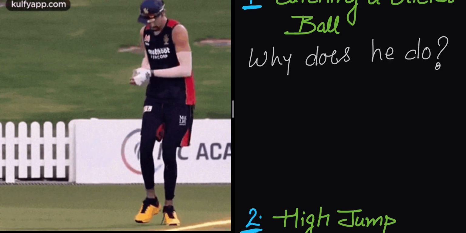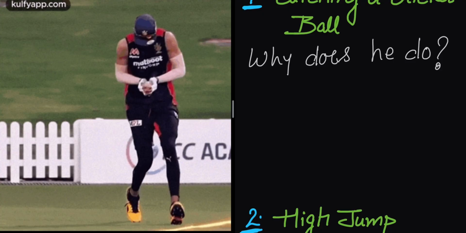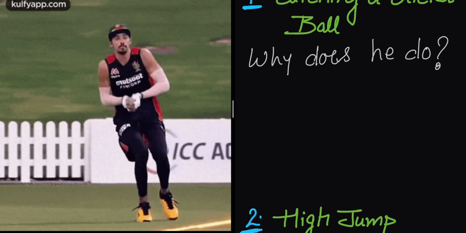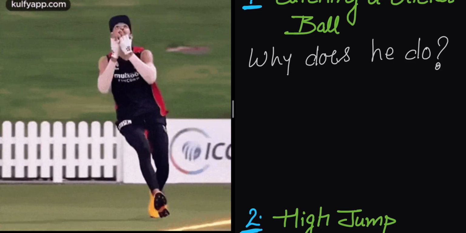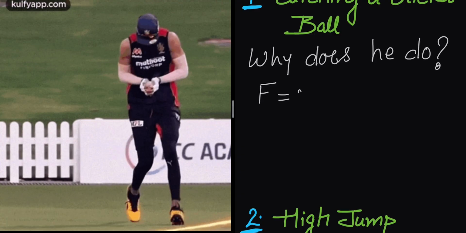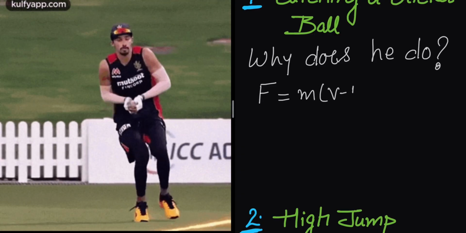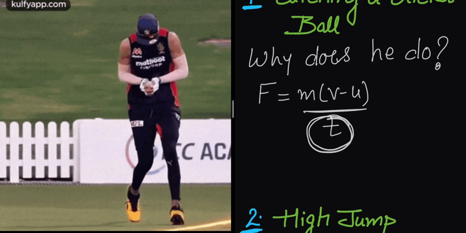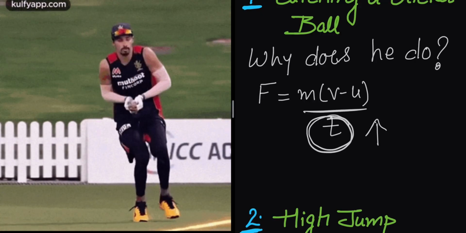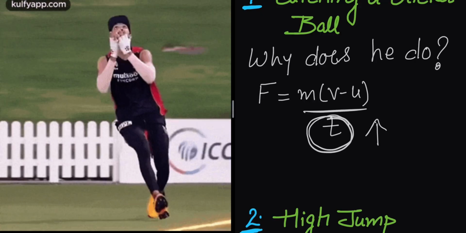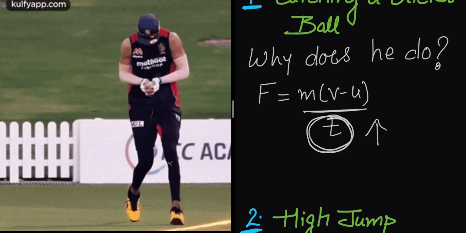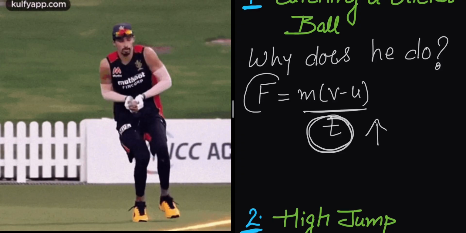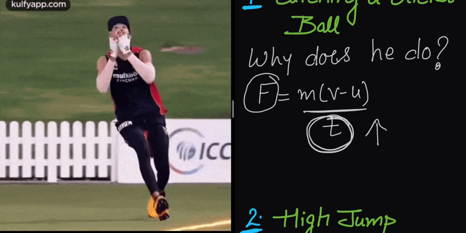Students, by pulling his hands backward, he is increasing the time. Which time, students? What do we have here? F is equal to m (v minus u) upon t. So this time period he is increasing by pulling his hands backward. By increasing the time, the force which will act on his hands will decrease.